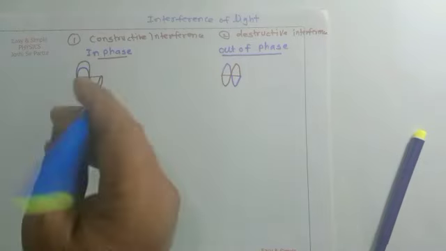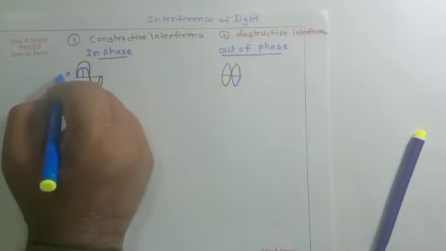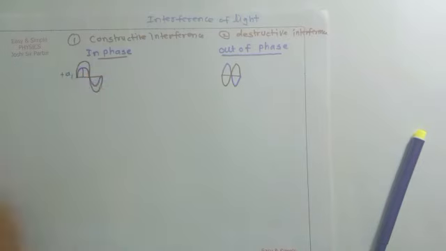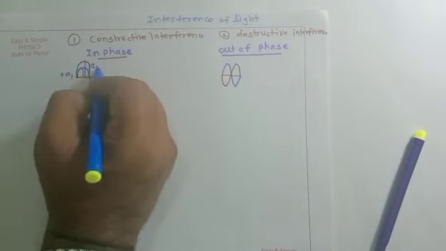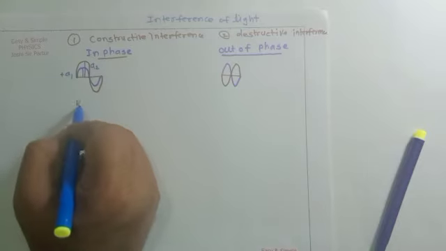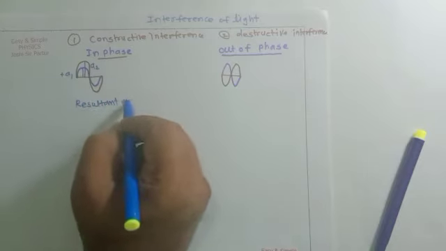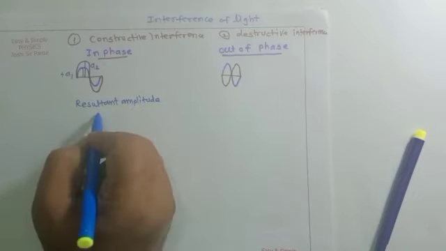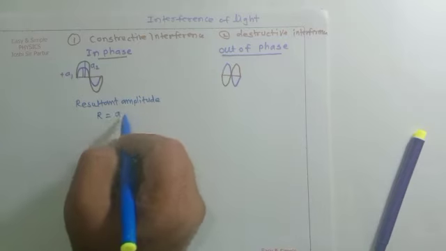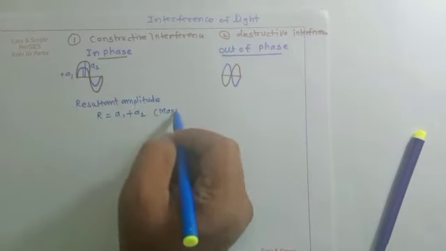In constructive interference, amplitude of first wave is A1, and amplitude of second wave is A2. So resultant amplitude R is equal to A1 plus A2, which is maximum.